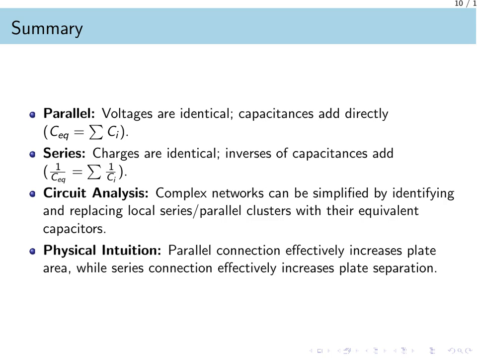In circuit analysis, you can simplify complex networks by finding local series or parallel clusters and replacing them with equivalent capacitors. Physically, you can intuitively think of a parallel connection as effectively increasing the total plate area, and a series connection as effectively increasing the separation distance between the plates.